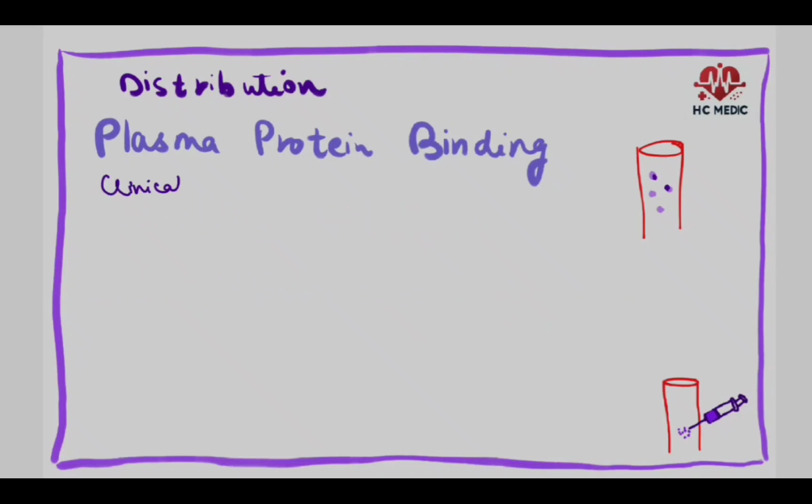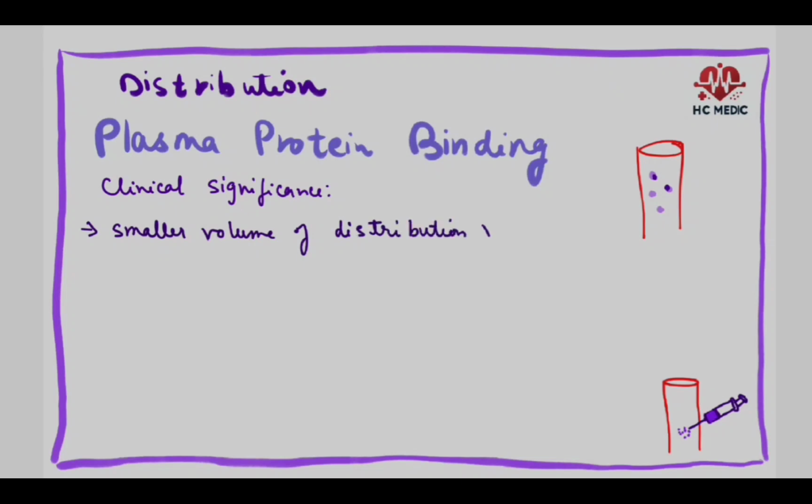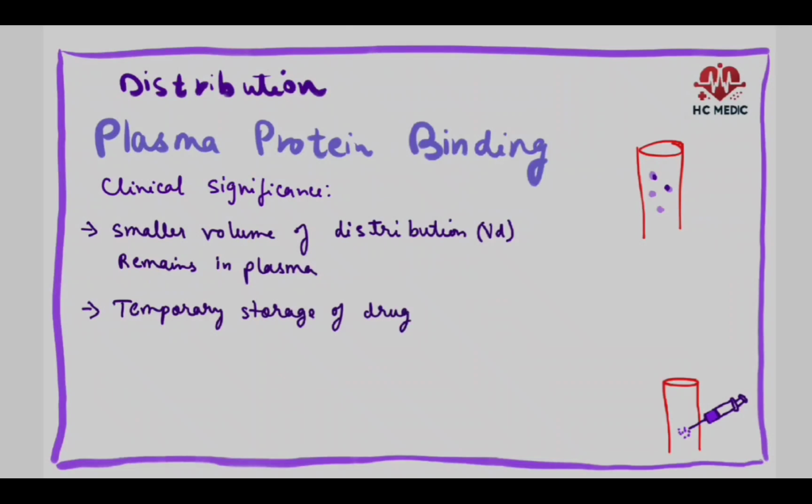Now let's see the clinical significance of plasma protein binding. Why must we understand this topic? First, because of binding, the drug has a smaller volume of distribution because it remains in the plasma, so it will not get distributed in the tissues. Second, it acts as a temporary storage of the drug because the elimination will be slow and there will be slow release of the drug.